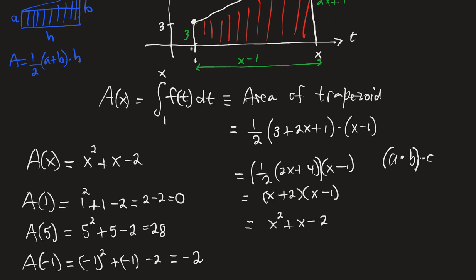And when x is less than 1, you'll have a net area that's negative. So you see the possibilities here. When you get these numbers, it's important to keep the original area in mind, in terms of where the upper limit is positioned. Is it to the right, is it at the lower limit, or is it to the left of the lower limit? So that's how you can evaluate it.